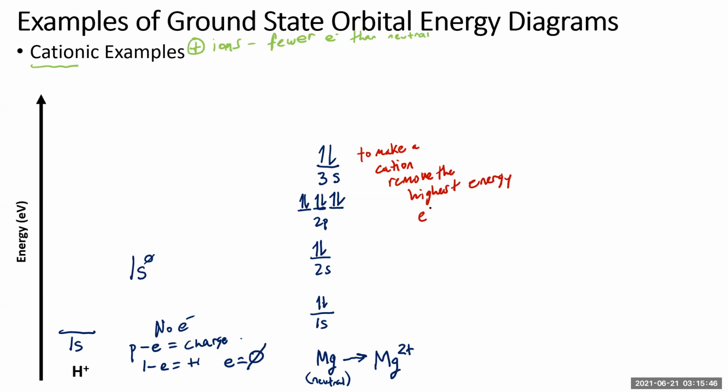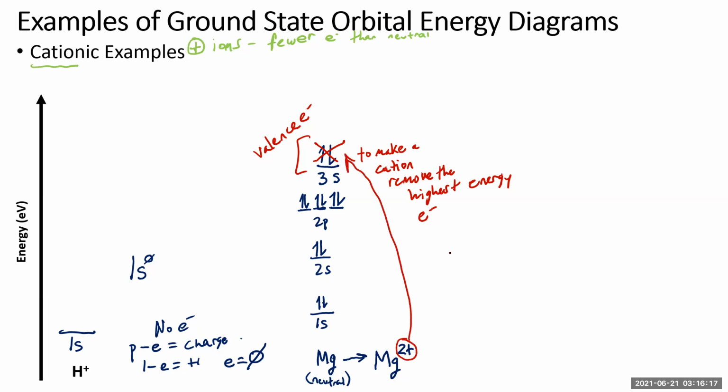Which ones are those? Those would be the valence electrons in this case. And since we're removing 2, we're removing all of the valence electrons. That's frequently what happens with main group metals, meaning s block and p block metals: they lose all of their valence electrons. So 3s, we remove both of those electrons to make a positive 2 charge.